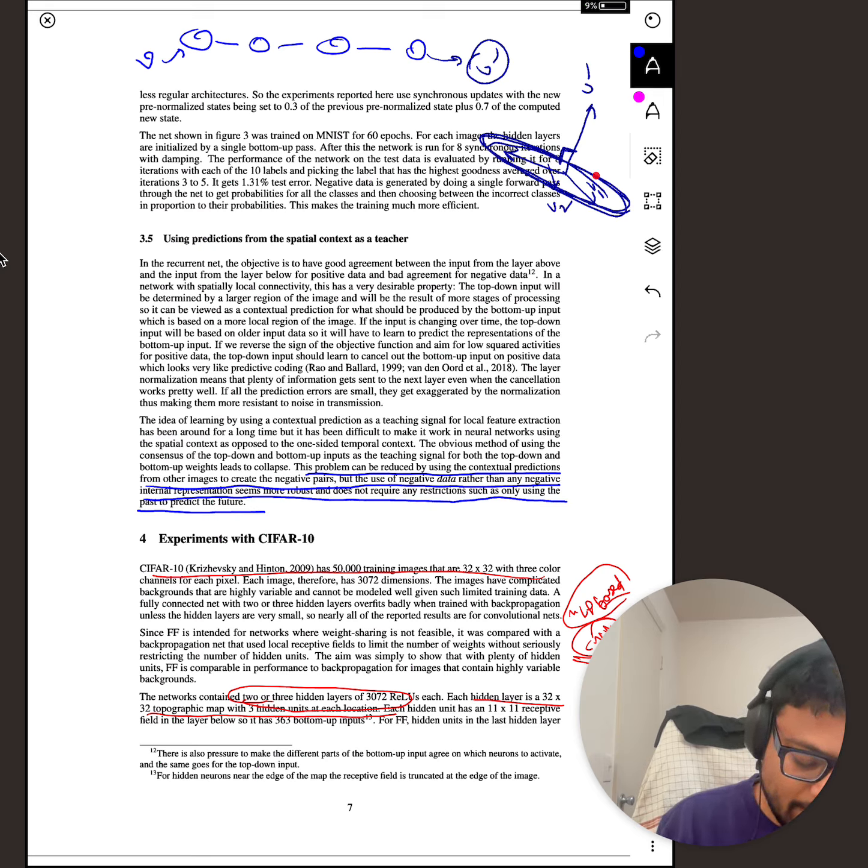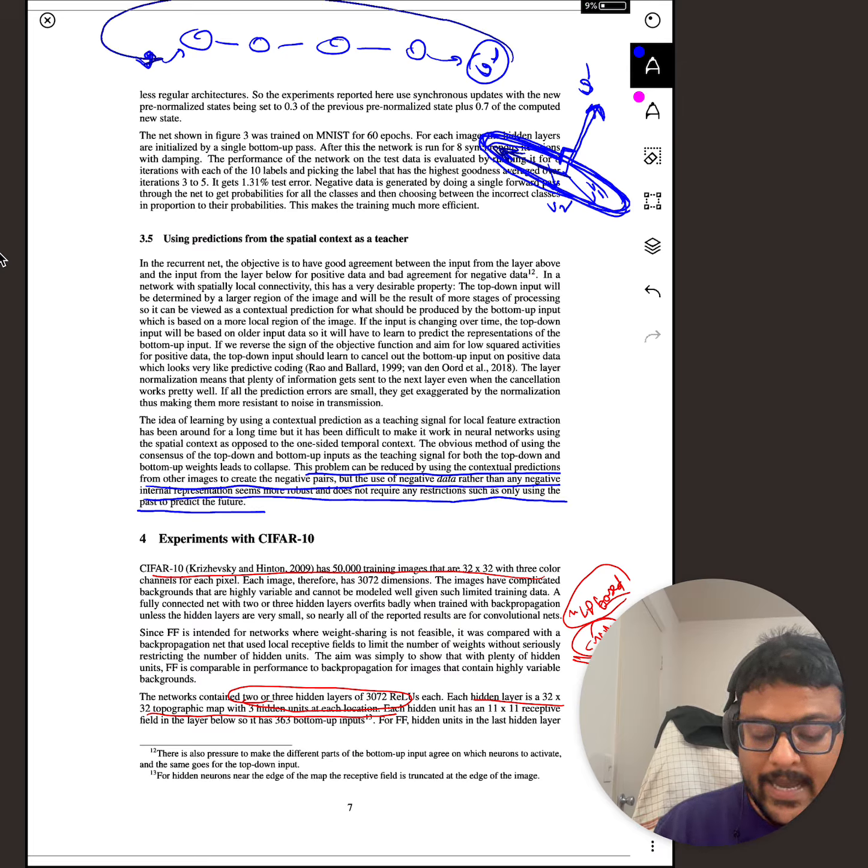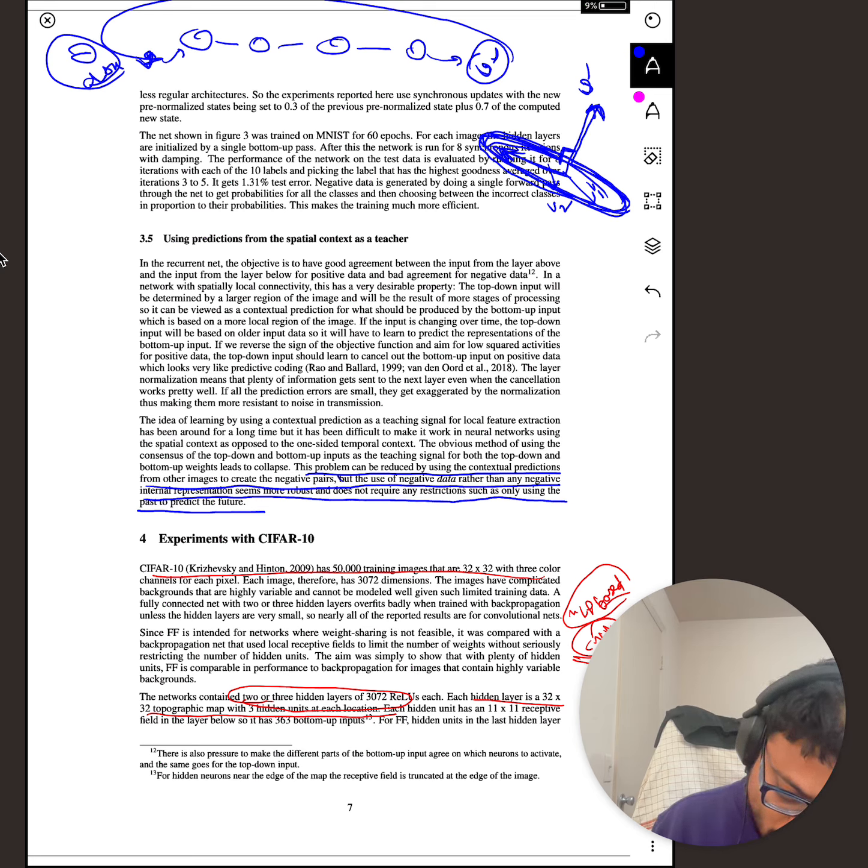There is this disk which is perpendicular to v dash, and all the vectors which lie in this disk are essentially perpendicular and very much negative to v dash. So what you could do is take a v, pipe this data, and directly feed a vector which is negative of this back to the network, and that will give you the negative data which you are looking for. So what Hinton is saying here is that relying on negative data rather than using negative internal representation seems much more robust.